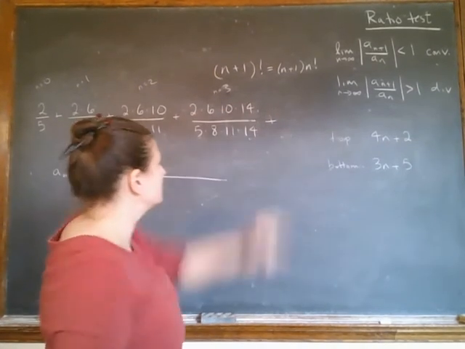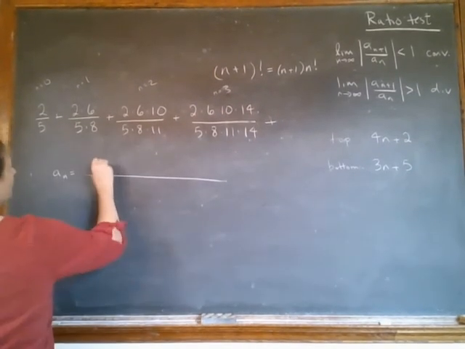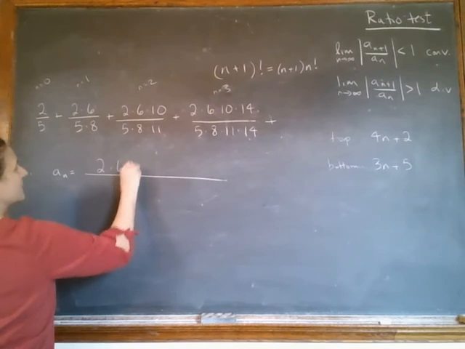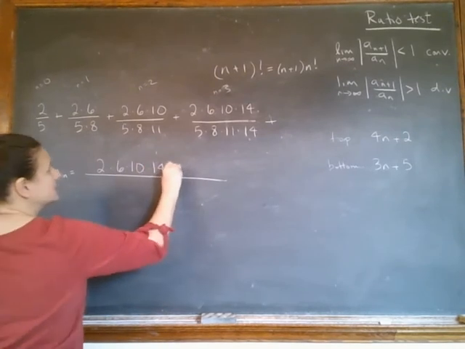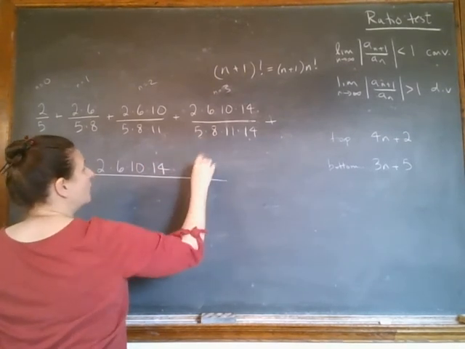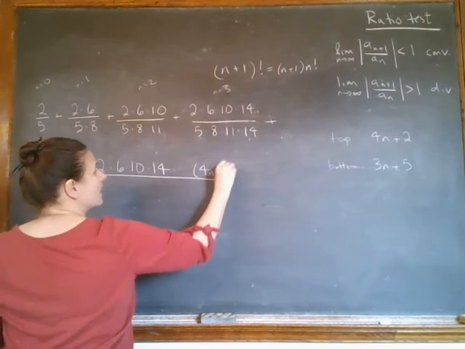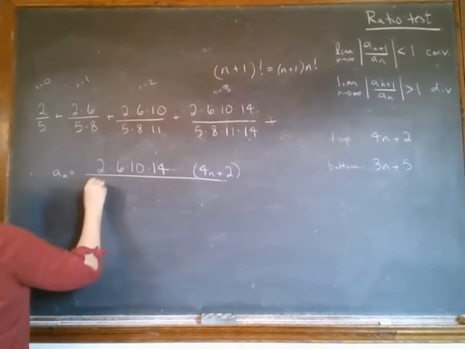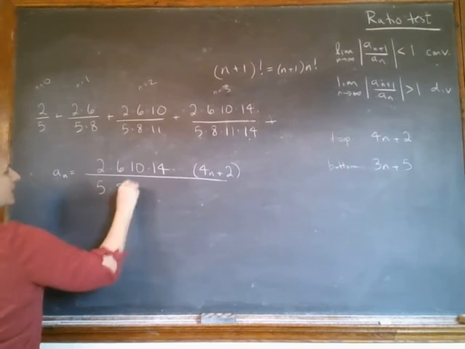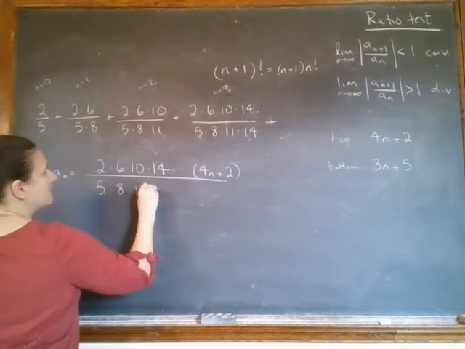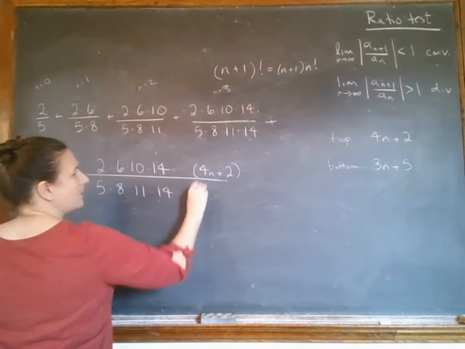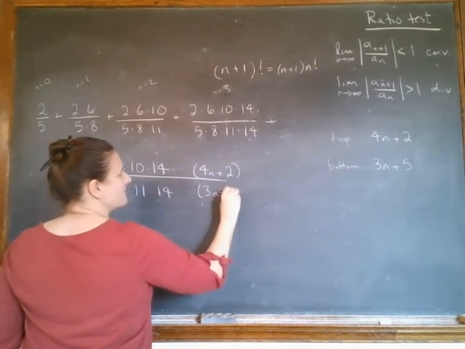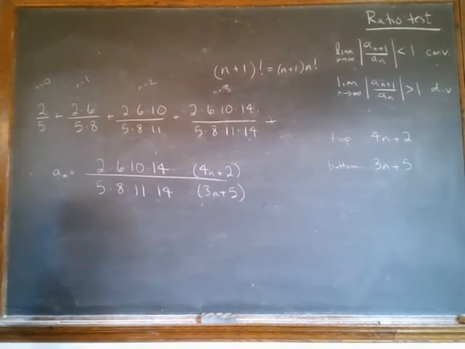I have all the other intervening terms in there. So what I really have to write is, for the nth term, I do that multiplication all the way up to 4n plus 2. And for the bottom term, I do this multiplication all the way up to 3n plus 5. Okay? So that is what my n term is.